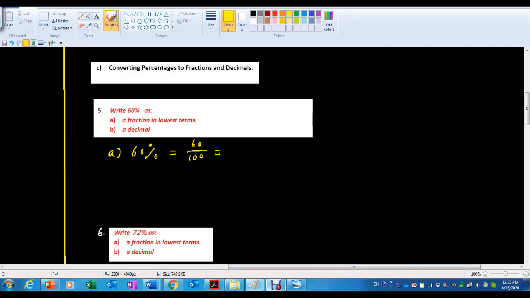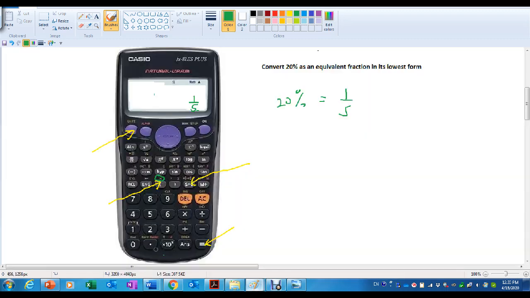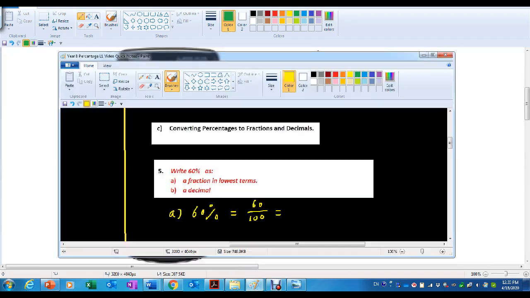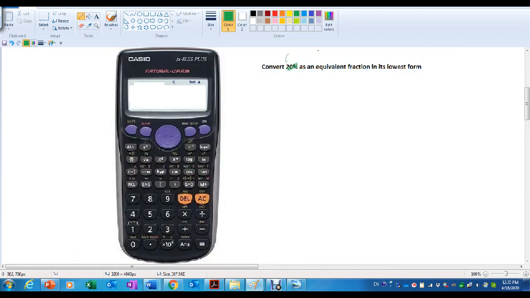But if you use your calculator, you don't need to do that. Let me do it again. Pretty much we are going to repeat all the things, but this time we are going to do the conversion into decimals as well.